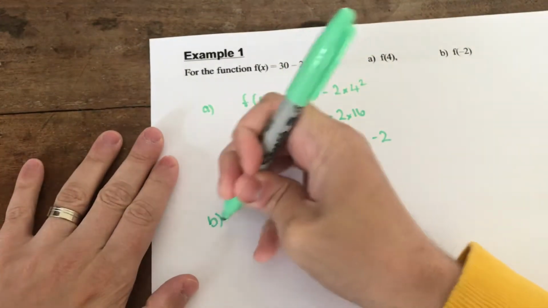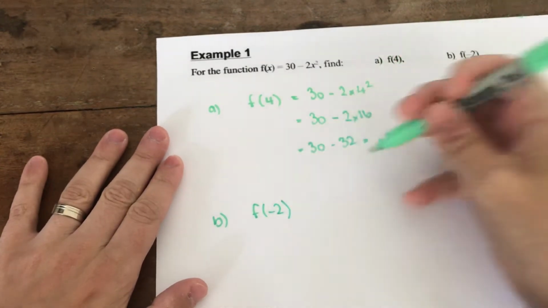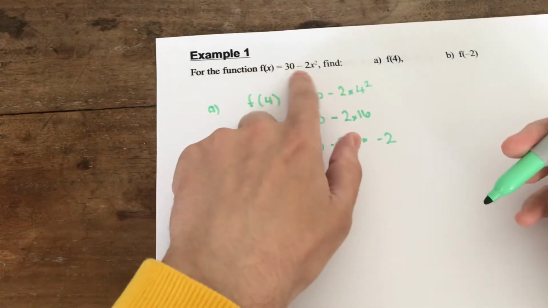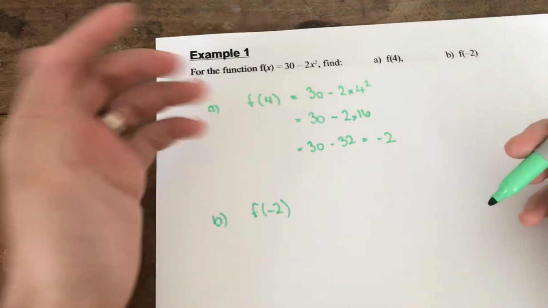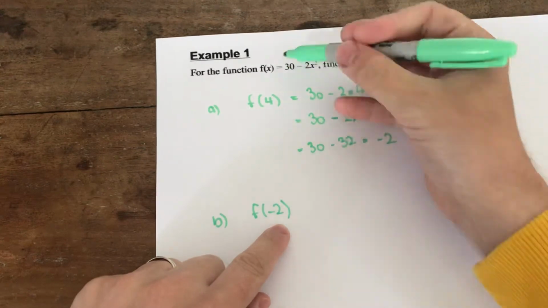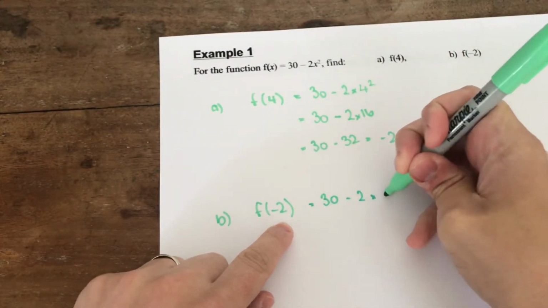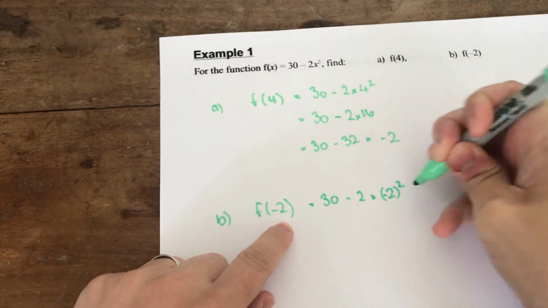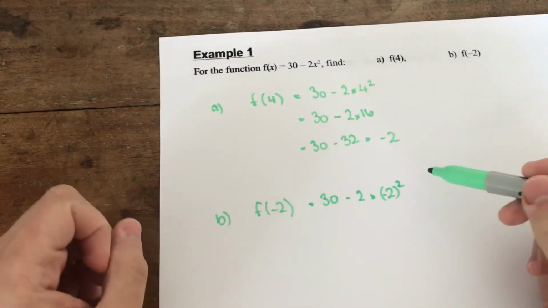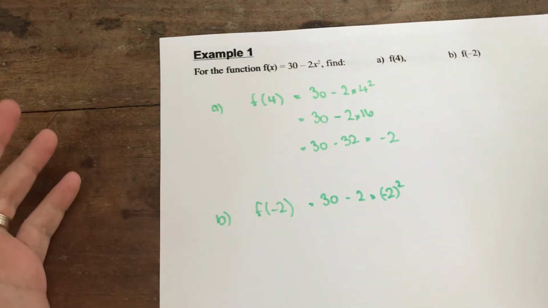For part B, you're just going to substitute in minus 2. So we take our function up here. If you imagine this is just the equation of a function machine, we substitute in minus 2. So we get 30 minus 2 times (minus 2) squared. I like to put the minus 2 in brackets because that's how I would put it into a calculator.